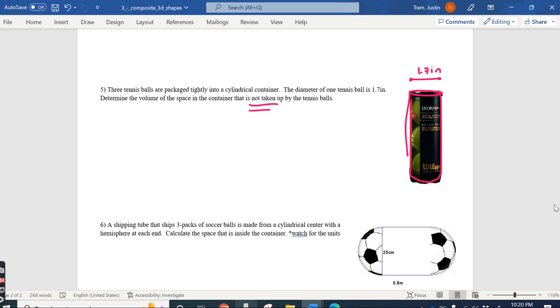Then find the volume of each individual tennis ball. Once you find one, just multiply it by 3. And then all you need to do is find the volume of the cylinder minus the volume of 3 tennis balls.